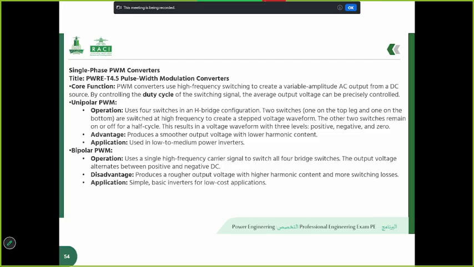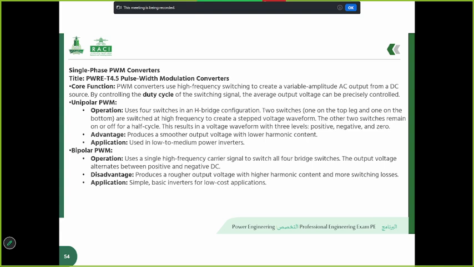In contrast, unipolar PWM is a more sophisticated technique. It also uses a four switch H-bridge, but it generates an output voltage with three levels: positive, negative, and zero. This is achieved by switching only one leg of the bridge at a high frequency, while the other leg remains at a constant voltage for a half cycle.